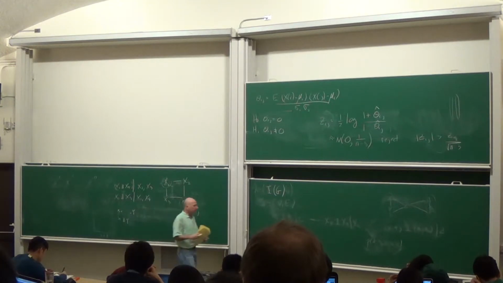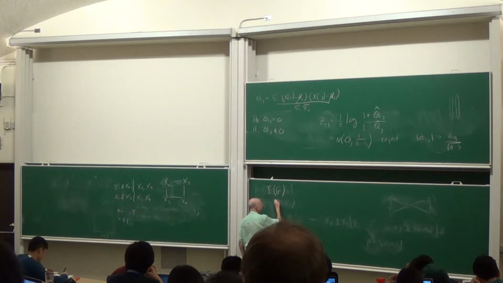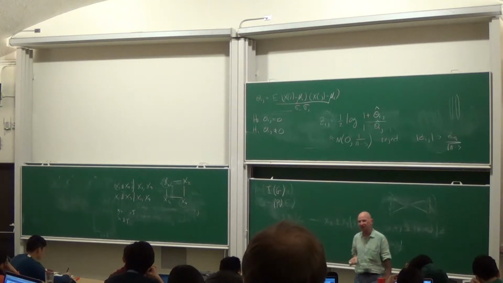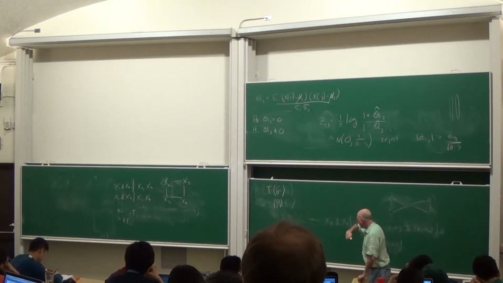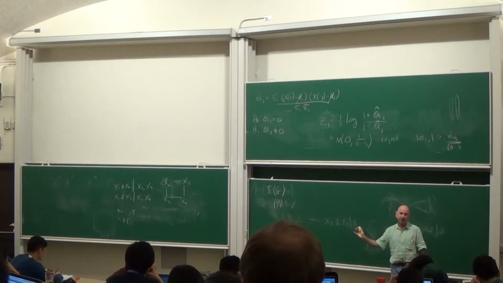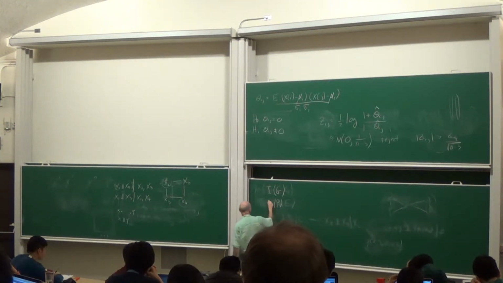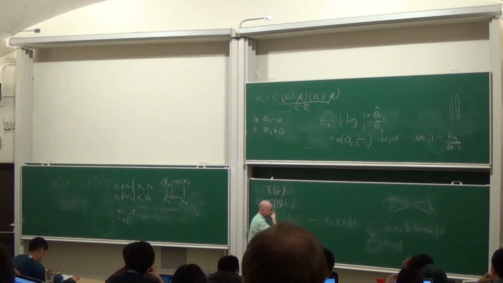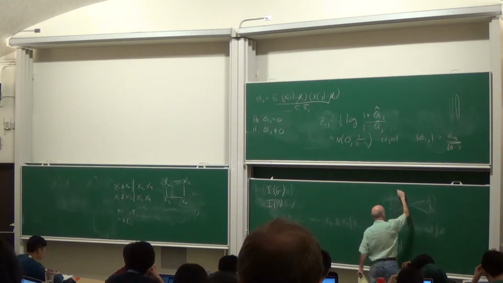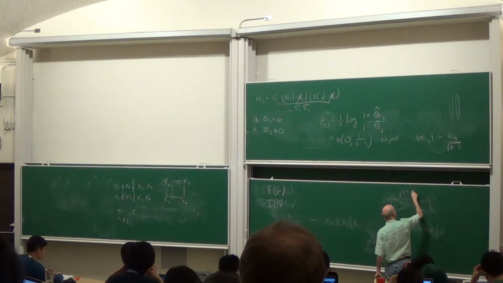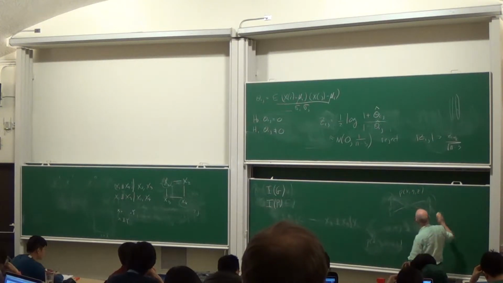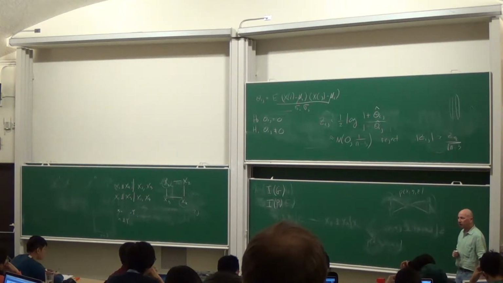If I give you a probability distribution, and you've never heard of graphs before, you could still read off a bunch of independent statements. If I tell you, here's the distribution, P of x, y, z, and I give you some complicated formula, you could start checking.